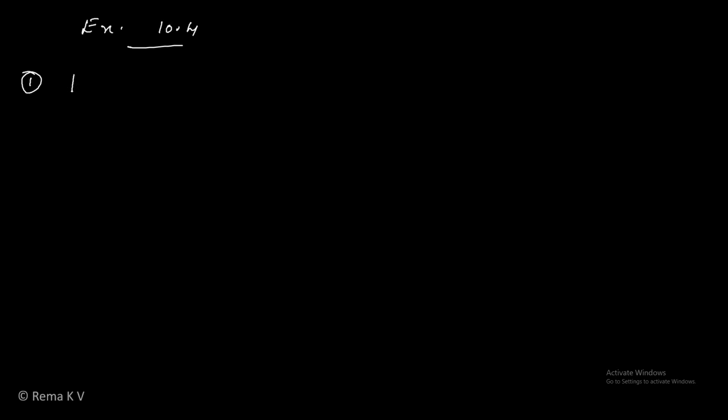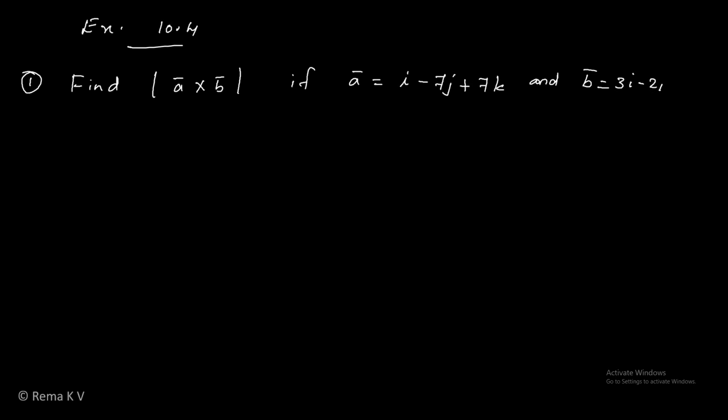First one, find modulus of a cross b if a is equal to i minus 7j plus 7k and b equals 3i minus 2j plus 2k.